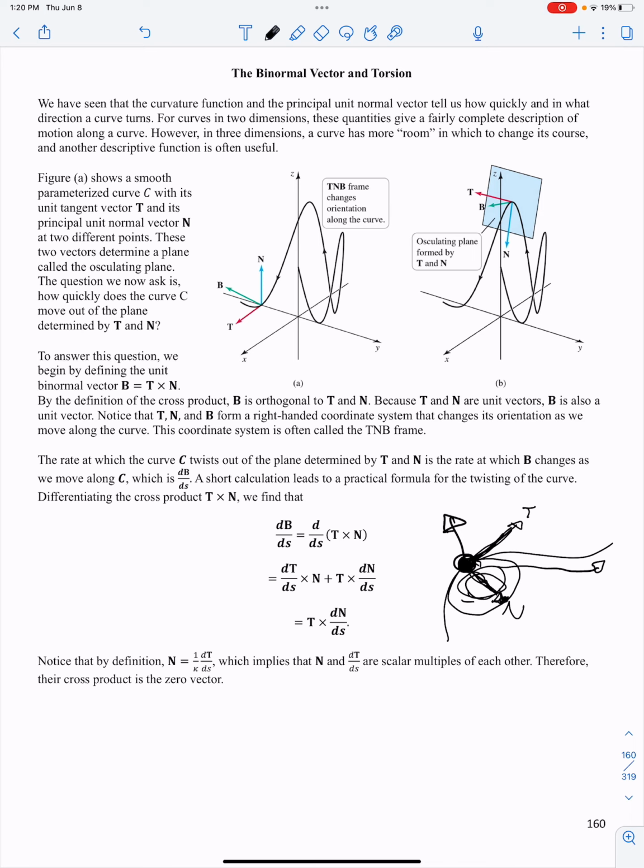It makes sense that this vector should just be orthogonal to both T and N, because if T and N move outside of their plane, B is going to move with it. We could see the change. I'm hoping this makes sense. So we get a tangential, and then we'd have a normal, and then coming out at you would be our binormal. You can see that this creates almost like an XYZ.